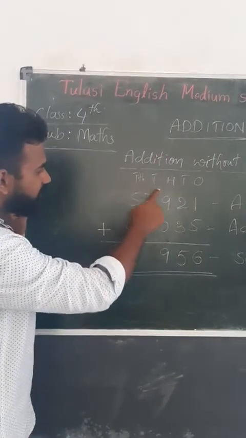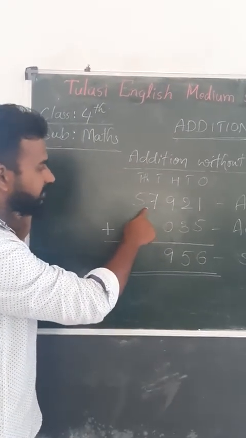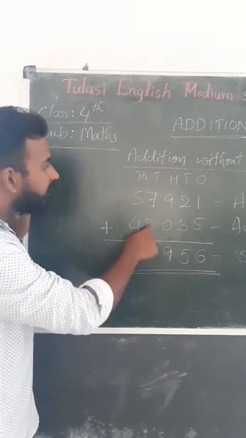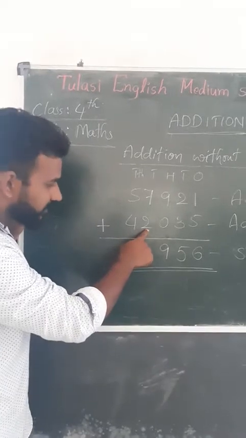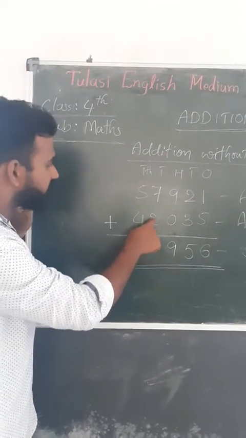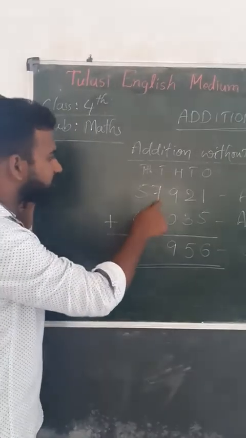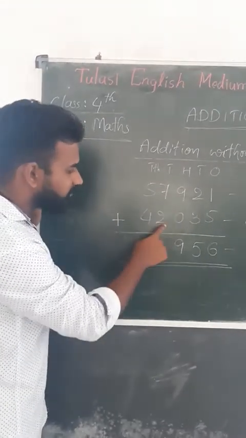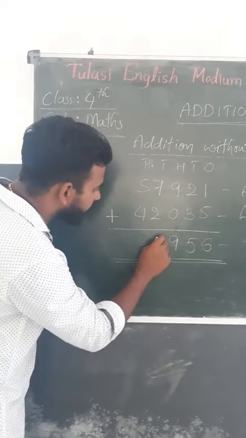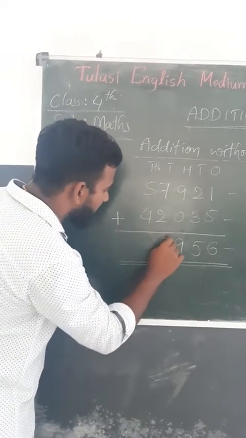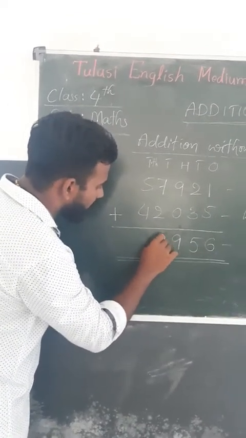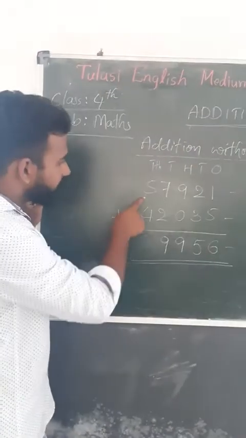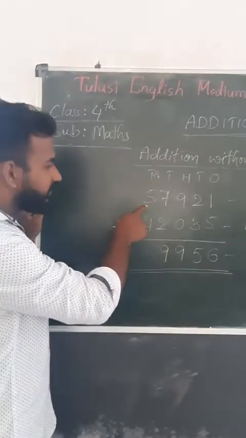In the thousands place, there is 7 here. It means 7,000. In this number, in the thousands place, there is 2, that is 2,000. 7,000 plus 2,000. 7 plus 2 is 9. No carry. In the 10,000 place, there is 5.